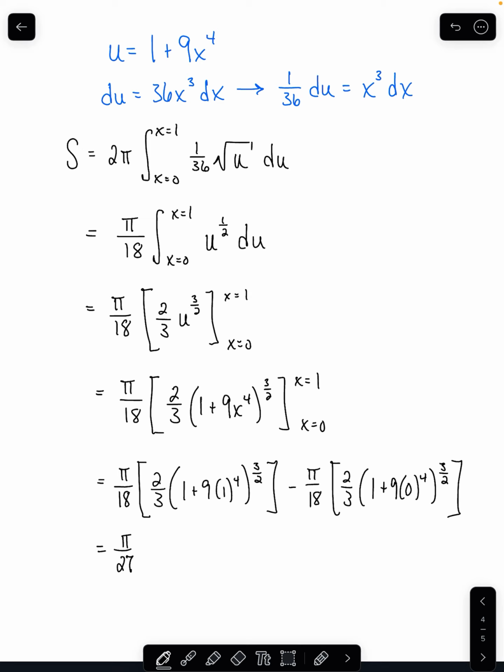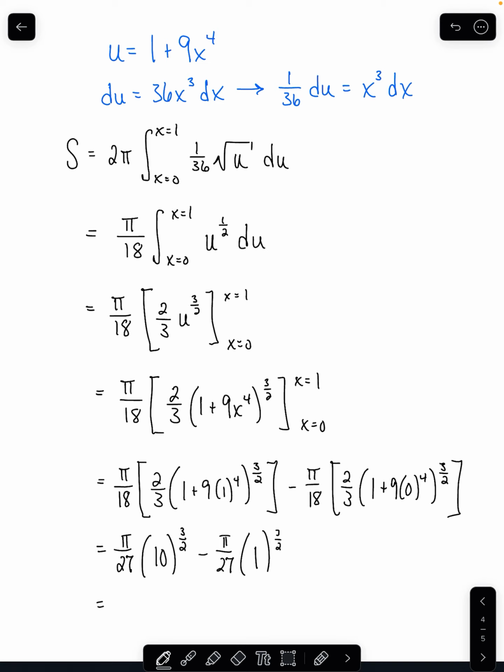So that entire thing inside the parentheses simply becomes 10 to the 3/2 power. We again have pi over 18 times 2/3, which again is going to simplify as pi over 27. This time, however, because of the 0, we end up with 1 to the 3/2, which of course is simply 1.